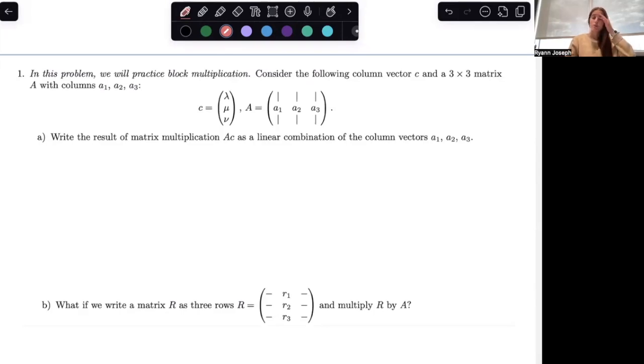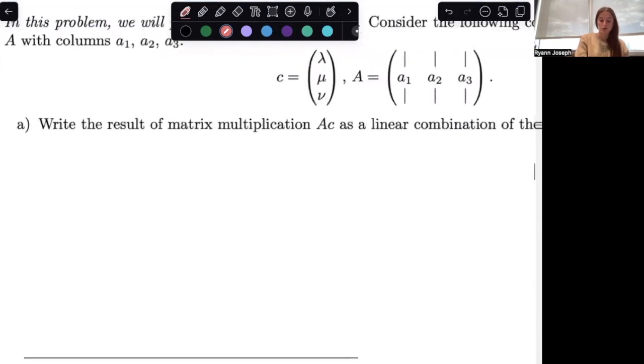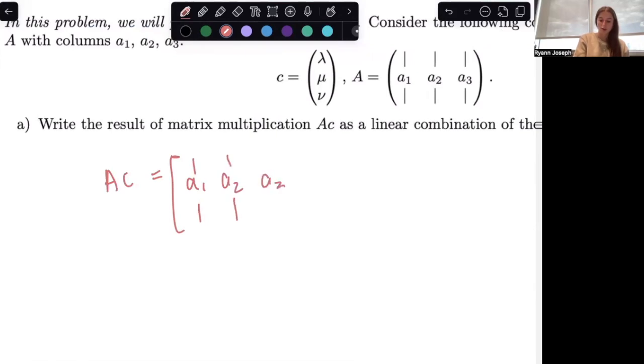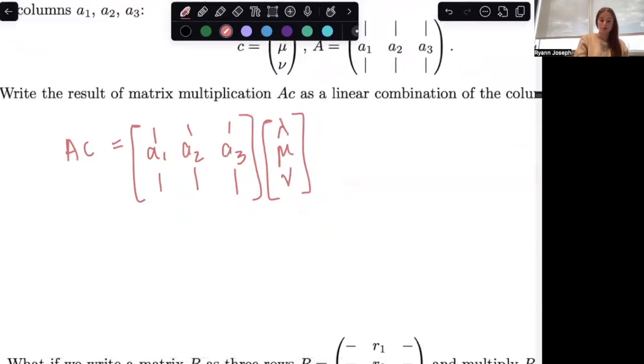Write the result of the matrix multiplication AC as a linear combination of the column vectors of A. So this is just asking us, what does it mean to compute AC when we have column vectors within A times some scalars. Looking at this, we know it's defined because this is a 3x3, it's a 3x1, these match, so the result is going to be a 3x1 as well.